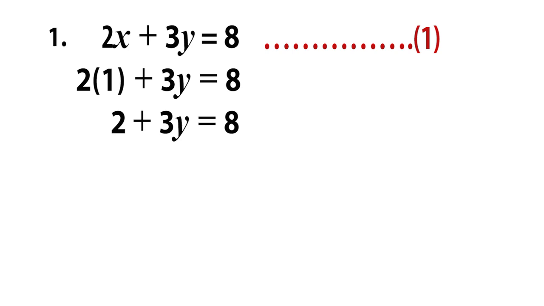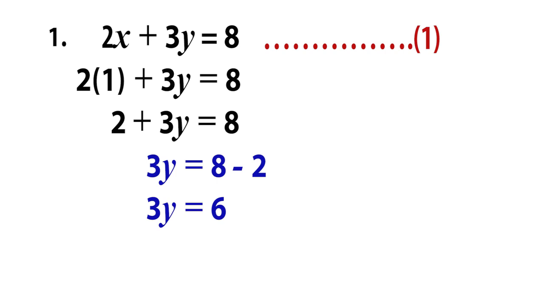Now let's group like terms. And so we have 3y is equal to 8 minus 2, which is 3y is equal to 6 because 8 minus 2 is equal to 6. Let's divide both sides of the equation again by 3. And that will give us 3y divided by 3 is equal to 6 divided by 3.